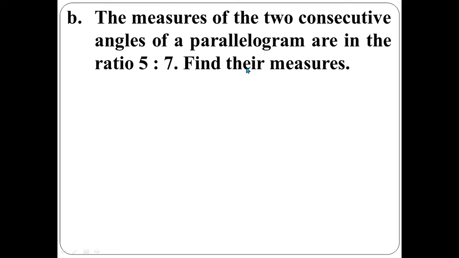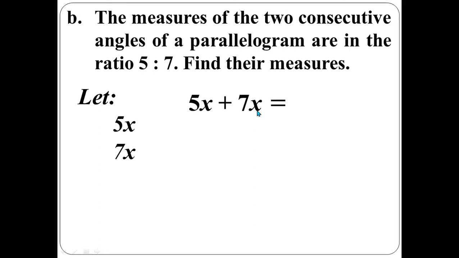So, to find the measure of these angles, let yung 5 ay 5x, yung 7, 7x. Then, when we add this one, is equal to supplementary. Ano ba yung supplementary? Equate with 180 degrees.